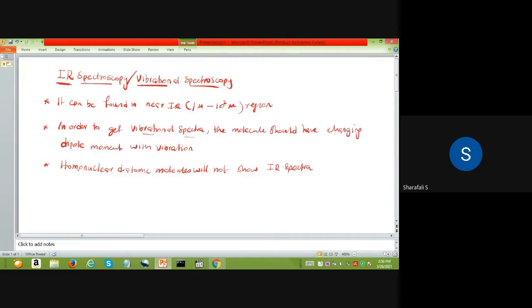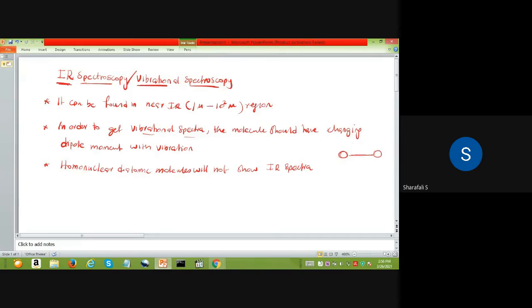Because when you consider a homonuclear diatomic molecule, for example oxygen, O2, two oxygen atoms are bonded to each other. In this case, we do not have any permanent dipole moment, and even if they vibrate, we cannot get any dipole moment because these two have the same charges separated by a distance.